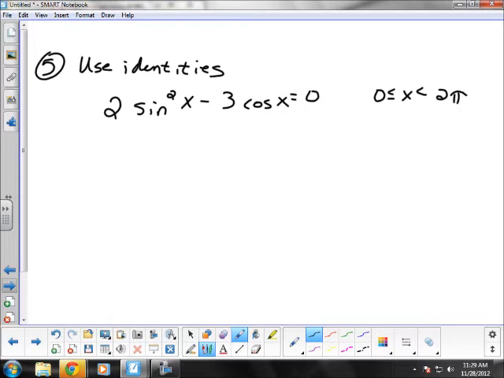I can't do the quadratic equation, right, because the square of cosine is not sine squared. Yes? So anytime you have something like this, look for these things: the sine squared can be replaced with something from the Pythagorean identities that had to do with the cosine, right? Remember, sine squared plus cosine squared is always equal to 1. So I can replace that sine squared with the expression 1 minus the cosine squared of x.